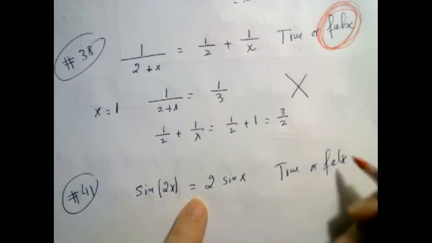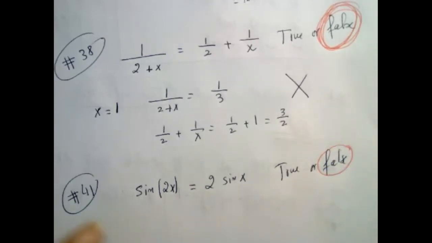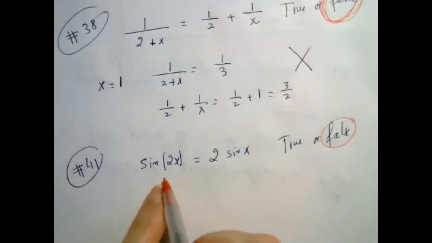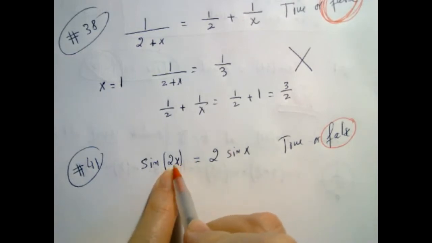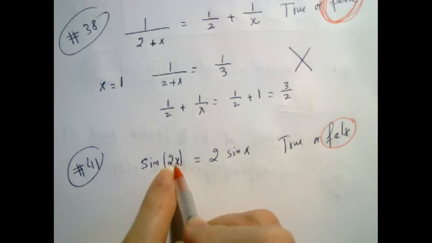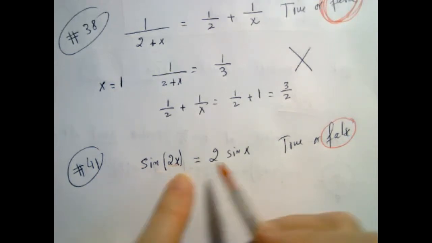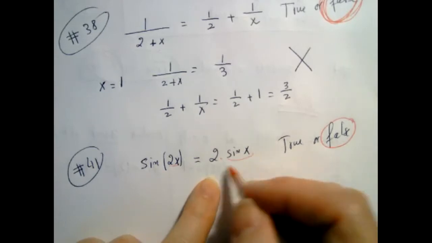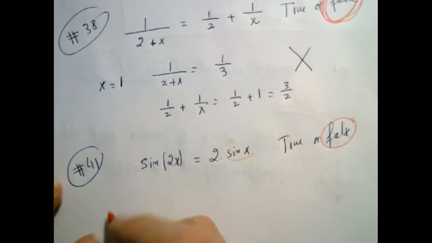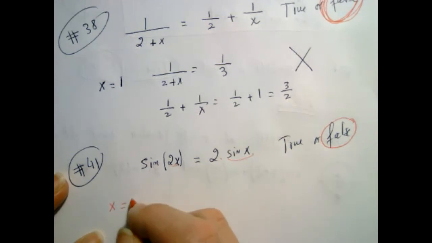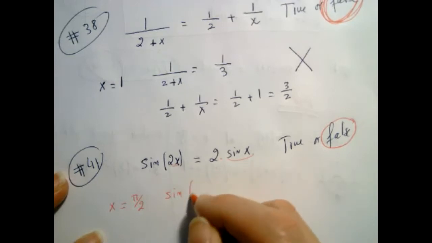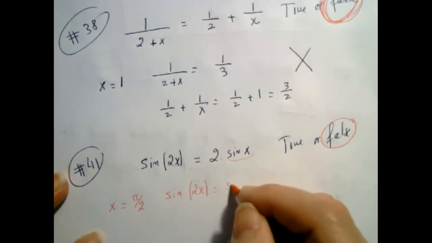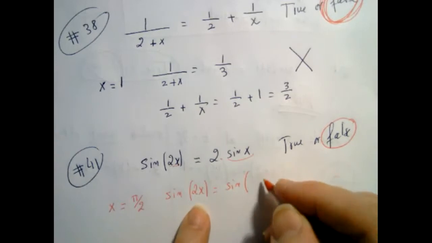False. Because. What's the difference between those two? What are we doing here? We start with the x. First, you multiply the angle by 2, then we take its sine. Here, we take the sine, then we multiply by 2. So again, we can take an example. Let me take pi over 2. Then sine 2x is, you take the 2 and multiply it by pi over 2.